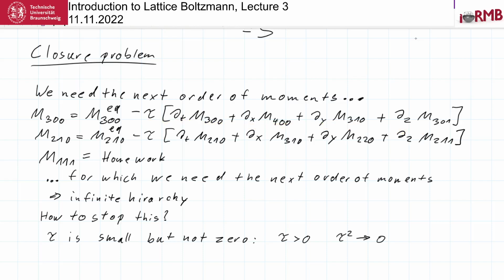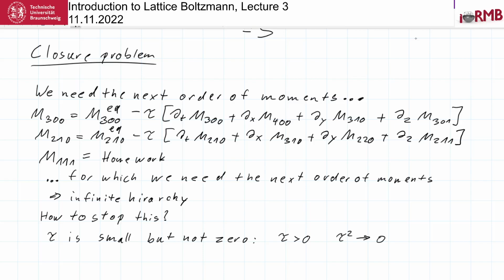So if we assume tau square equal to 0, then in the final equation, everything here will be gone. This is the assumption that we take now in order to actually get an equation.